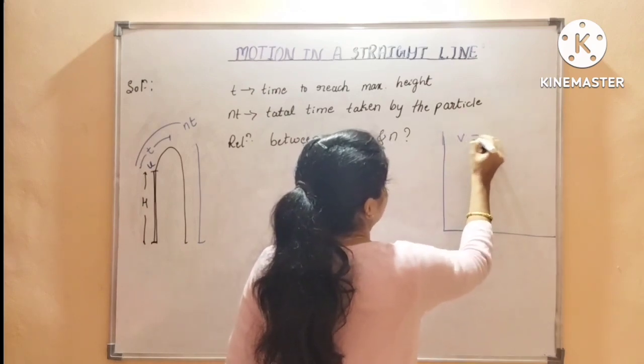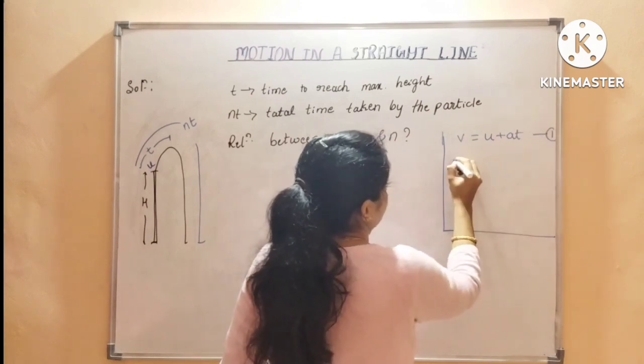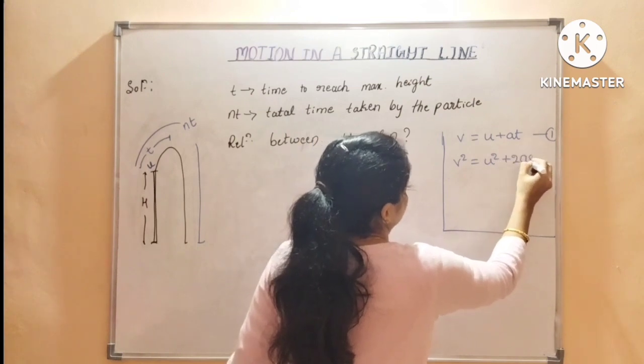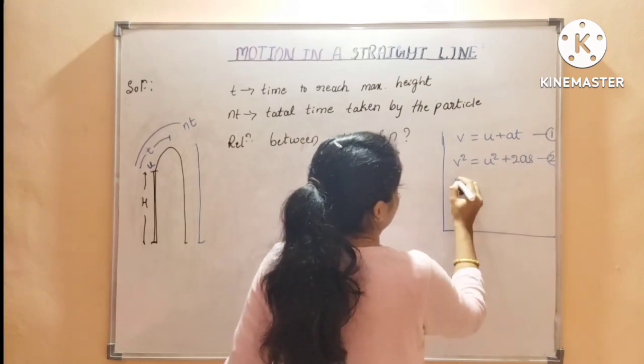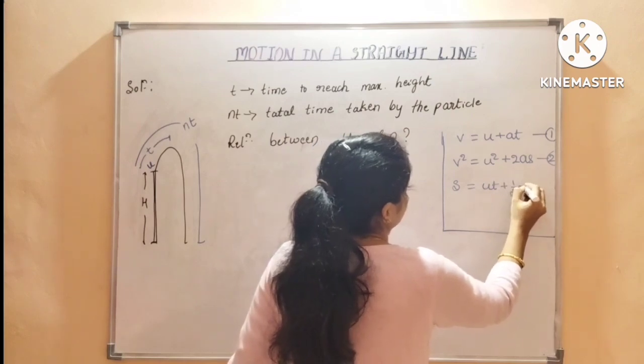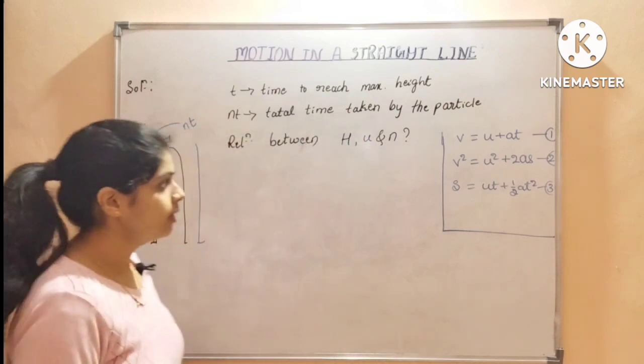You know that v equal to u plus at, equation number 1, and v square equal to u square plus 2as, equation number 2, and s equal to ut plus half at square, equation number 3. These are the equations of motion.